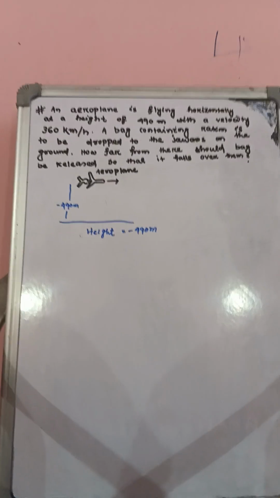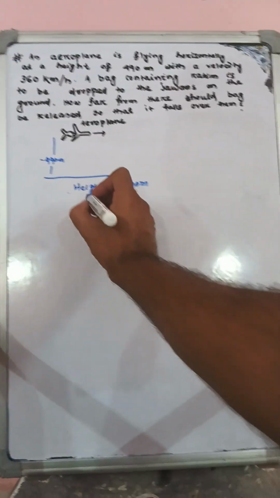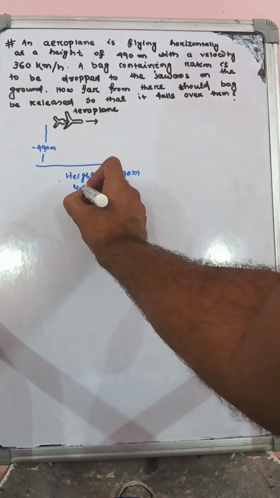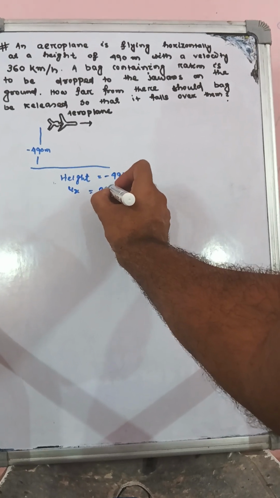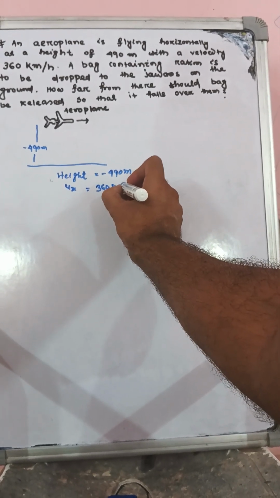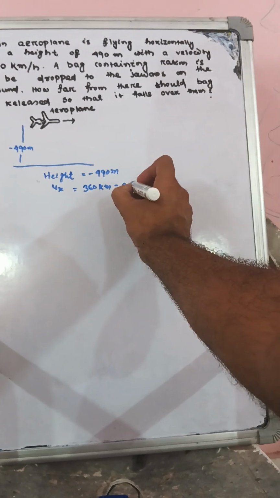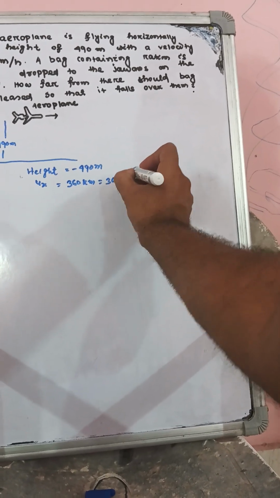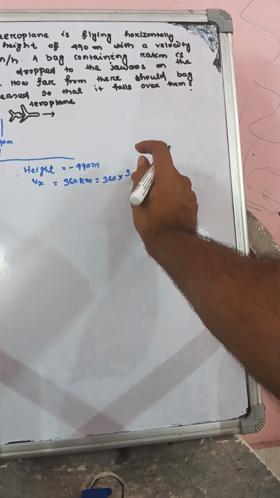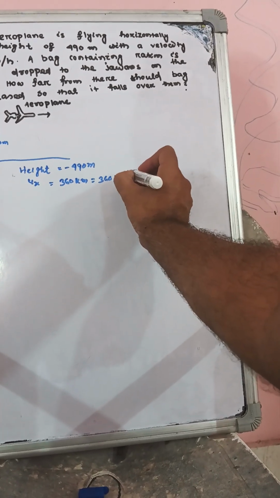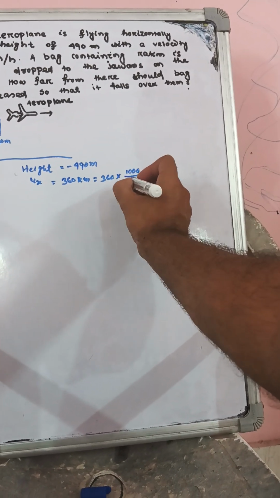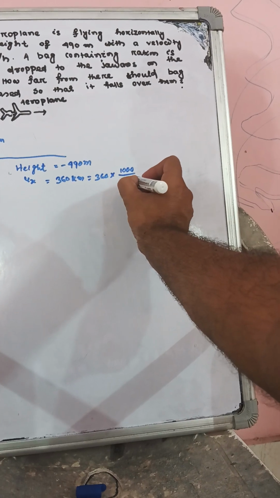Then initial velocity ux, initial velocity 360 km per hour converted into meter per second. 360 into kilometer, 1000 meter, divided by 3600.